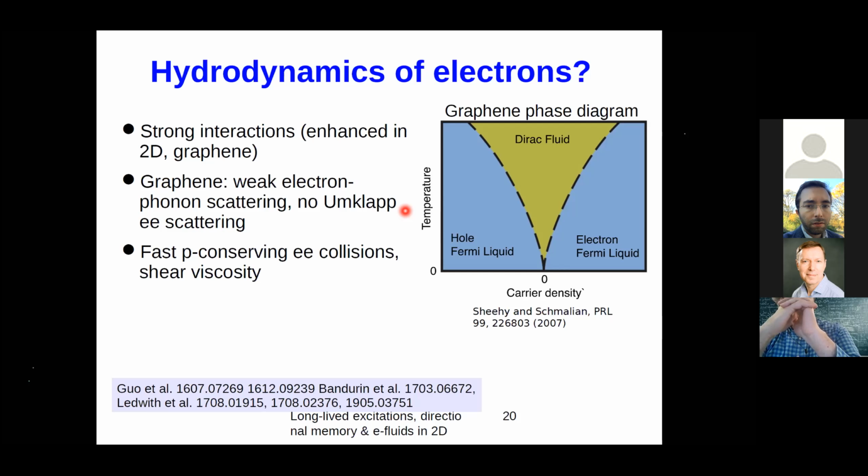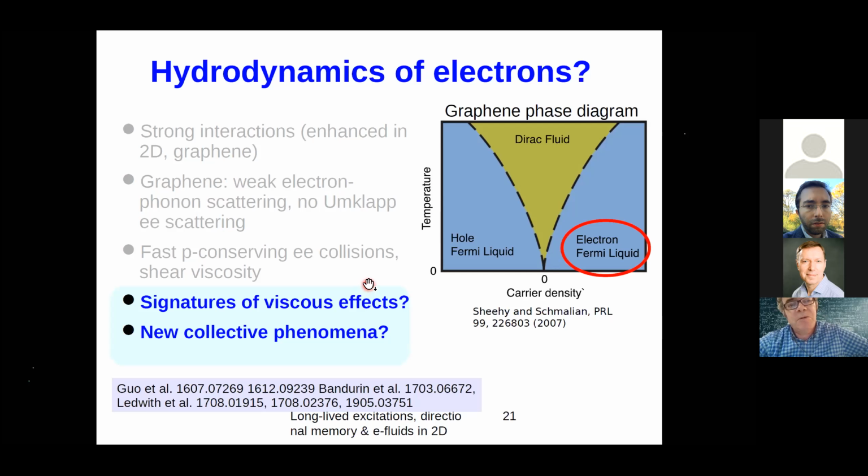In addition, electron-phonon scattering is weak, disorder is weak, and the crystal symmetry is such that Umklapp scattering is negligible. So all together, that makes it a very good system to look for effects of electron-electron collisions, in which in each collision two particles conserve total momentum but are allowed to exchange momentum, and that will generate shear viscosity.